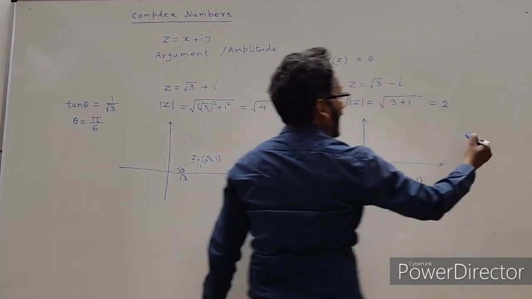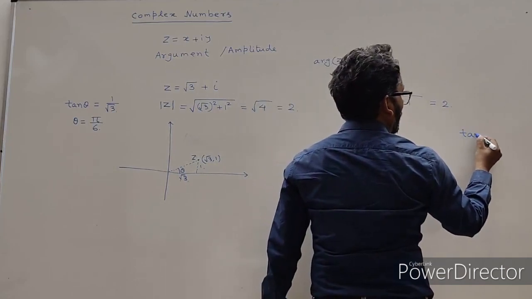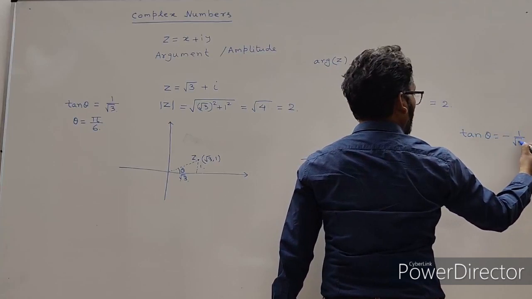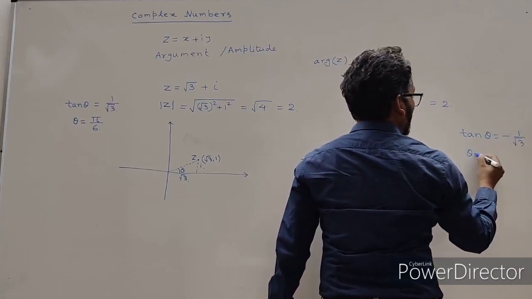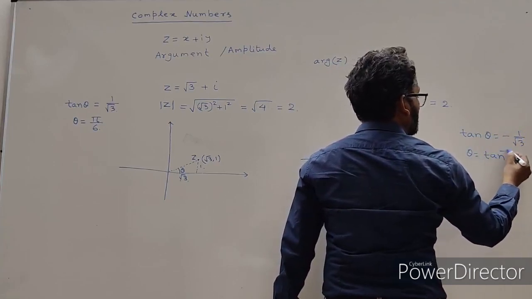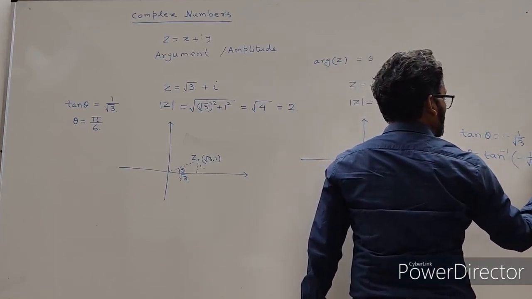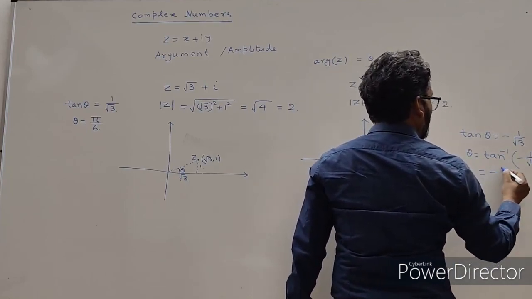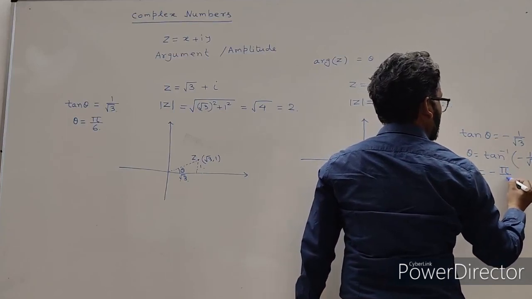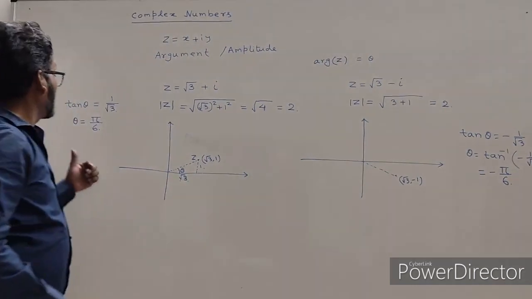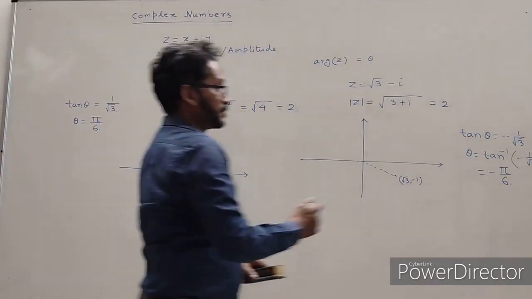So tan theta is now minus 1 by root 3. If you take tan inverse, that gives us minus pi by 6. So now here our argument of z will become minus pi by 6.